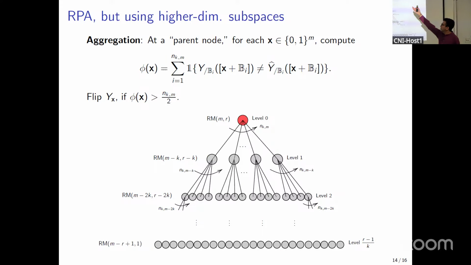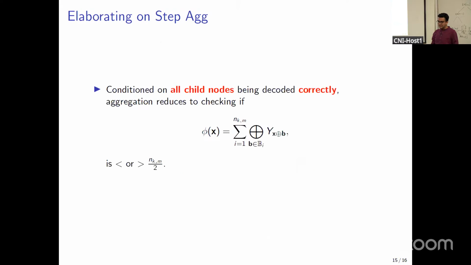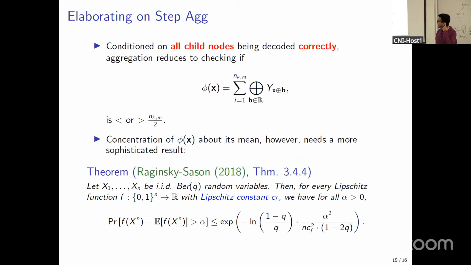You compare your decoded estimate against the projected vector at that particular level, and then you flip whenever this sum is larger than n choose k, m over 2. The analysis is the same. The only difference is that we require some more technical machinery when it comes to proving concentration inequalities in the aggregation phase. I'm not going to go into details.